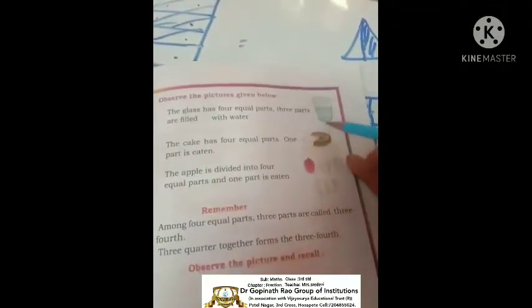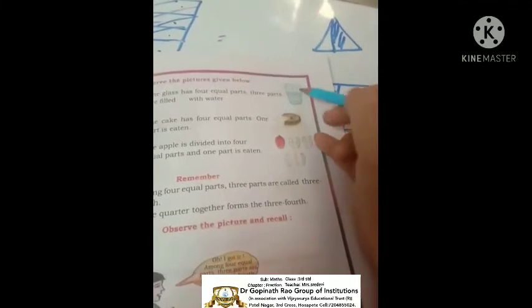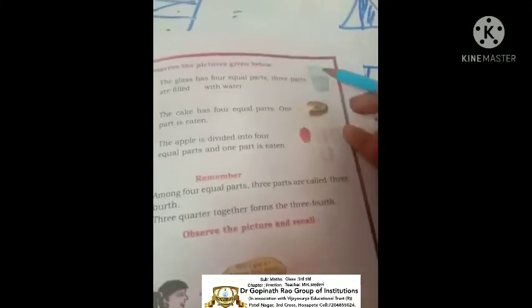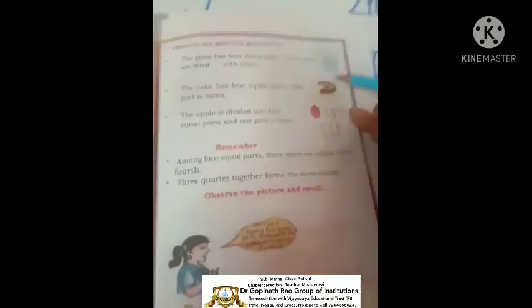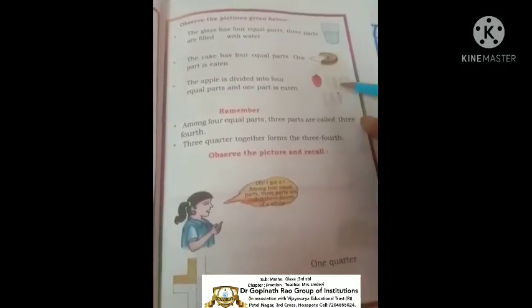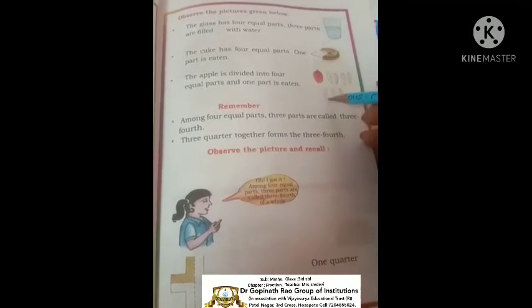So this is the revision I am doing for you all. Next, a glass where 3 parts are filled with water and 1 part is empty. So this is 3/4. Here also 3/4. Cake is divided into 4 equal parts and 1/4 part is eaten. Here an apple is divided into 4 equal parts, 1, 2, 3, 4.